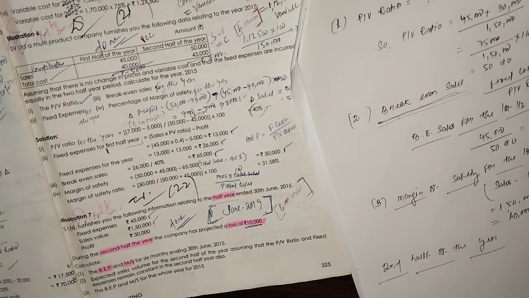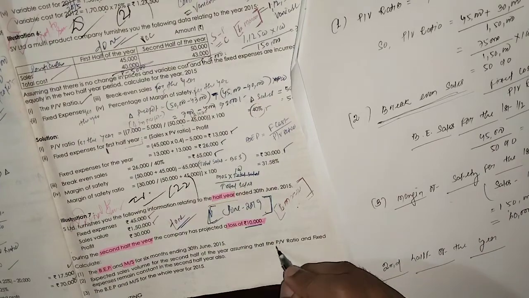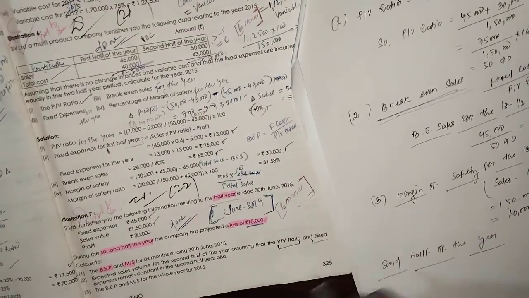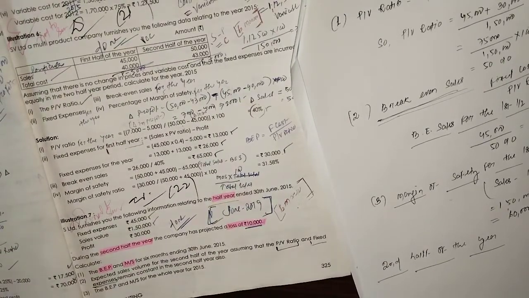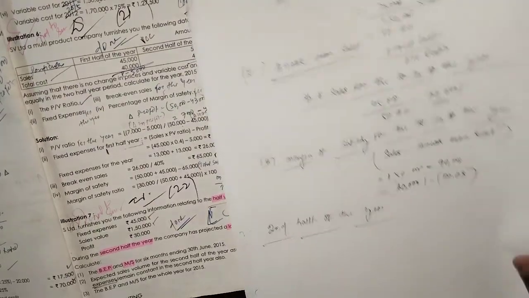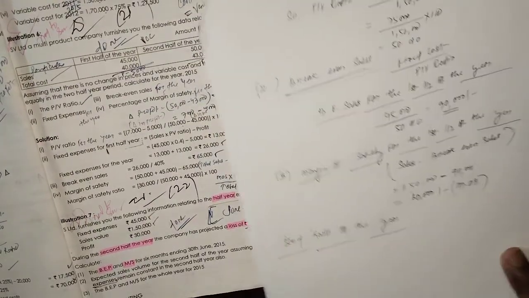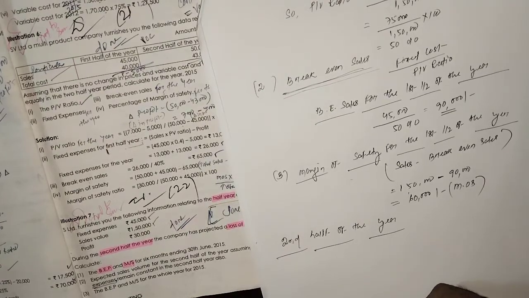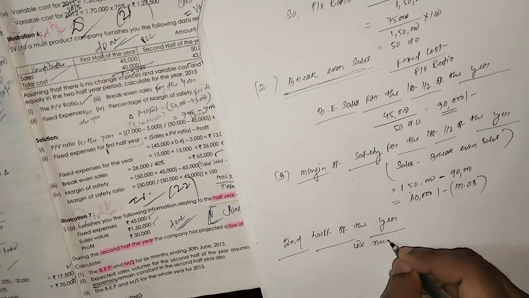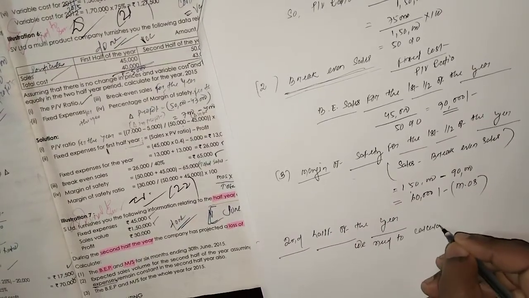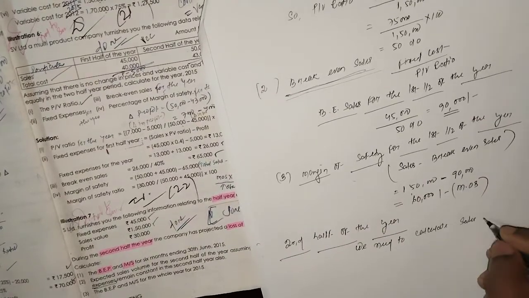That means how much should the expected sales volume be in the second half of the year, assuming the PV ratio and fixed expenses remain constant? So let's solve this question. For the second half of the year, we need to calculate the sales volume.